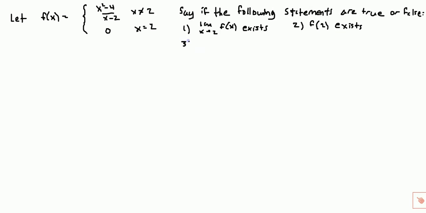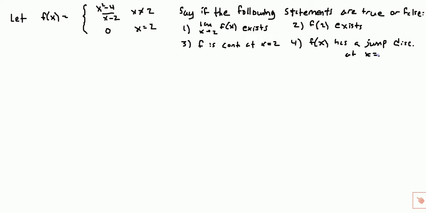The third statement is f is continuous at x equals 2. And the fourth is f of x has a jump discontinuity at x equals 2. Okay, so let's go through these one by one.